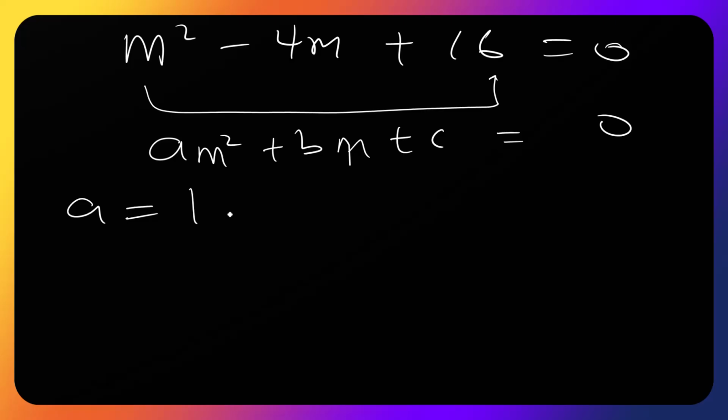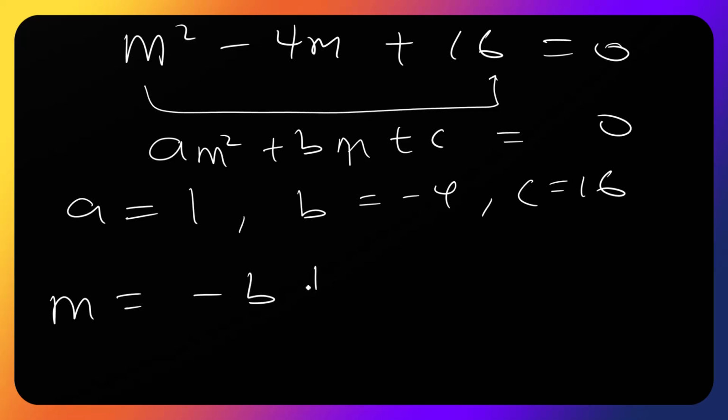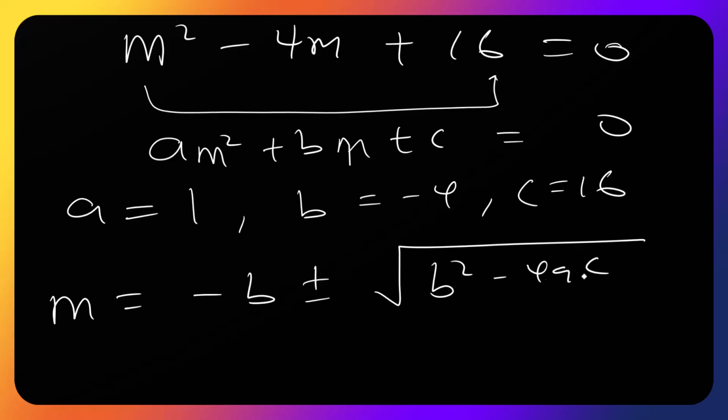So we have a as 1, b as -4, and c as 16. So m equals minus b plus or minus the square root of b squared minus 4ac, on 2a.